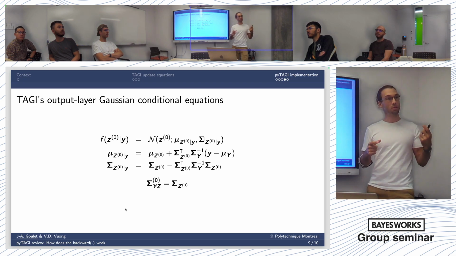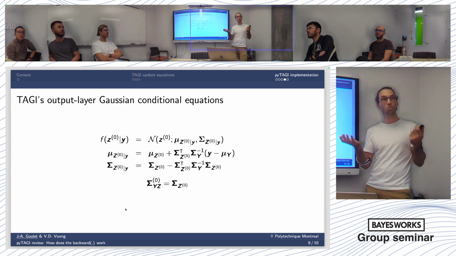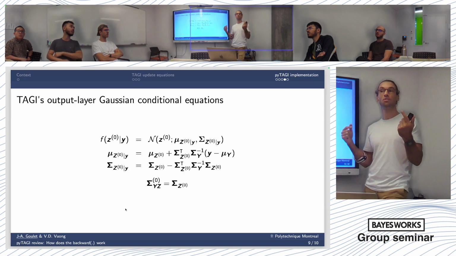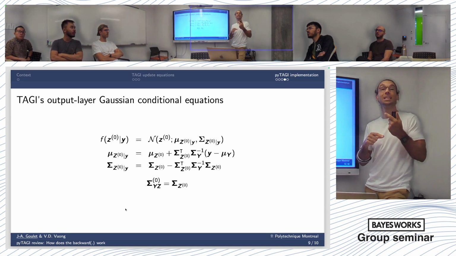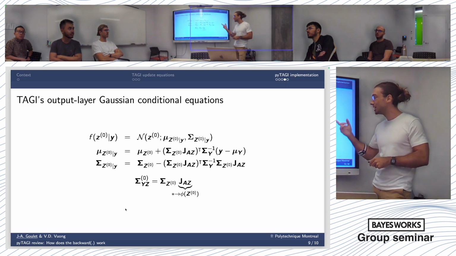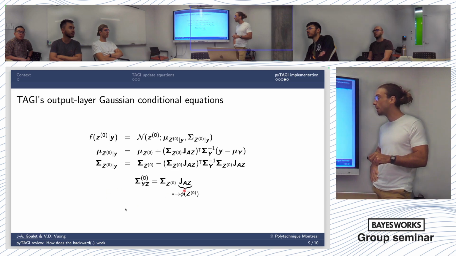Here, there's a little trick in pyTAGI, because in the standard way, the output layer is not passed through an activation function. But it could be in some special case. So pyTAGI is made such that the Z output could be passed through an activation function if needed.